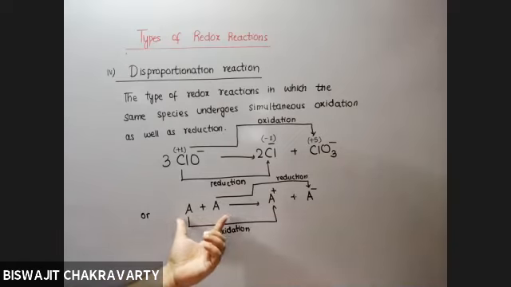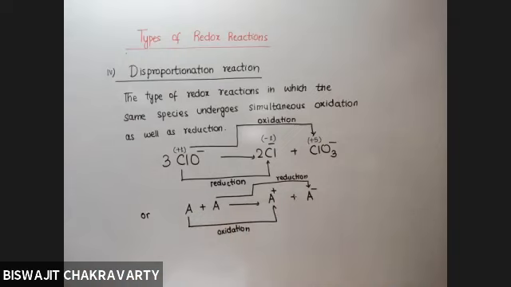Now, what kind of species can show disproportionation reactions? Intermediate. Very good. They have to be intermediates because if they are not at intermediate state, they cannot be oxidized or reduced simultaneously, isn't it? Clear or not?